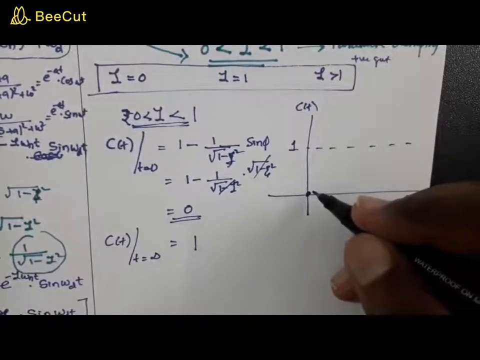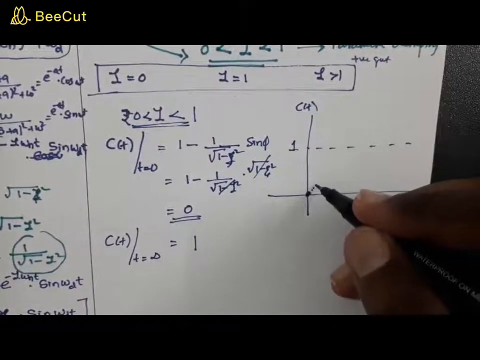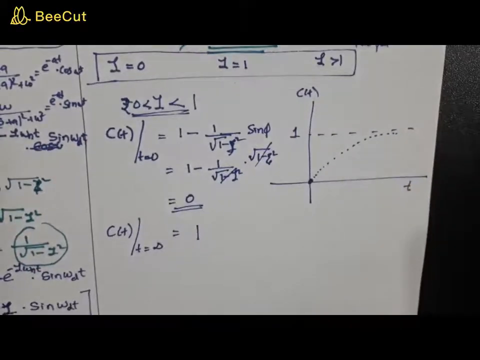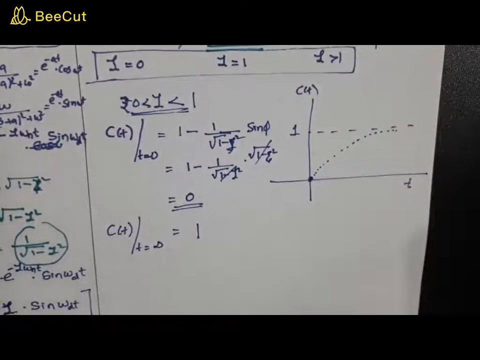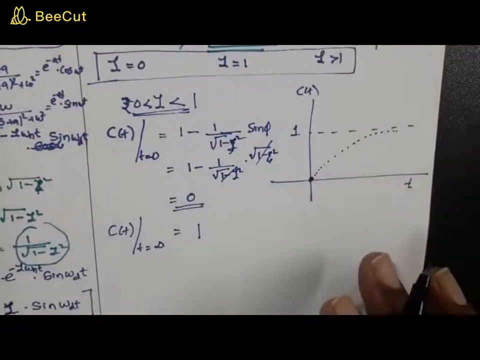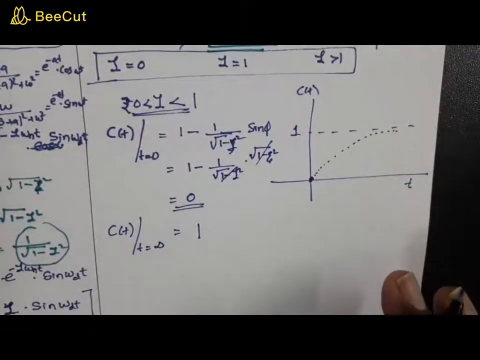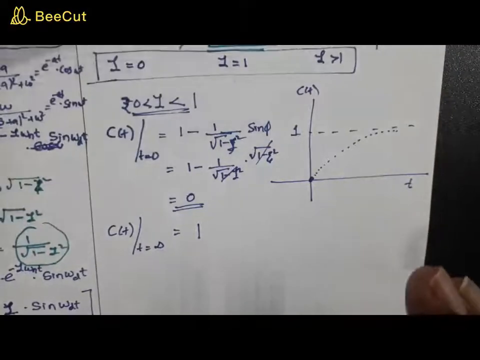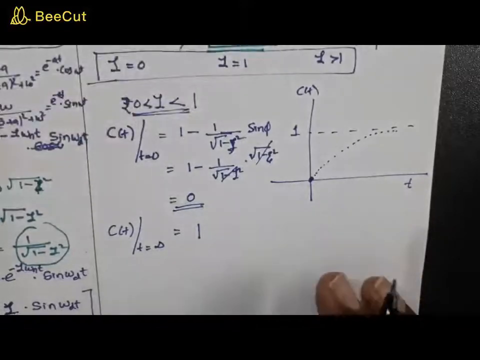But you may be feeling to draw something like this, right? Okay, so that's not true, because this is what we have studied in our earlier study when we dealt with the step response of a first order system.